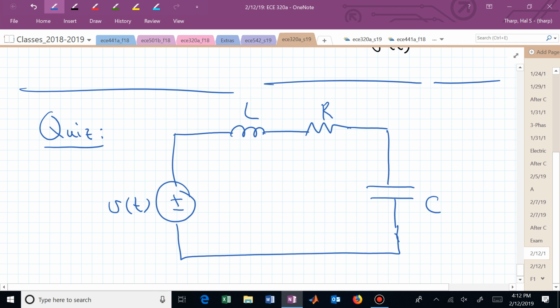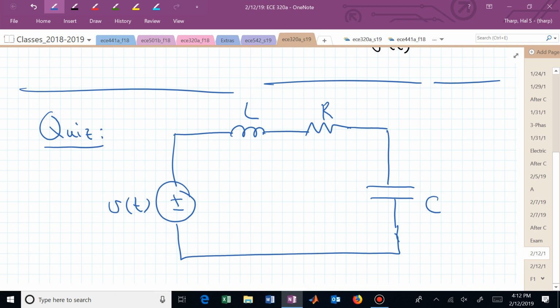And I want you to find the differential equation or equations that govern the dynamic behavior of this circuit. I think you've probably seen this circuit many times, and you may see it even more times.